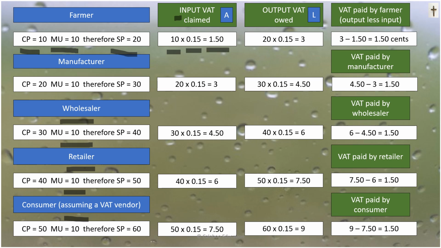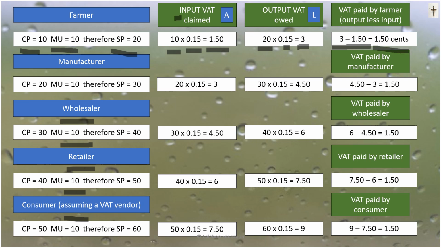That's R1.50. Then I took the selling price, excluding VAT, and I multiplied by 15%, and that is 3. Let's assume this is a very basic illustration, but the VAT is paid over to SARS at the end of 2 months. It's output VAT less input VAT, and the amount paid over is R1.50.